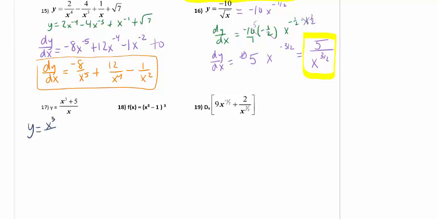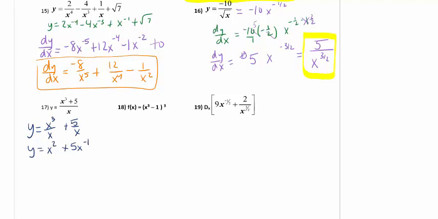is to remember if you're dividing by a monomial, one term, you can break it into two different pieces. So that means y equals x squared plus 5 x to the negative 1 power.